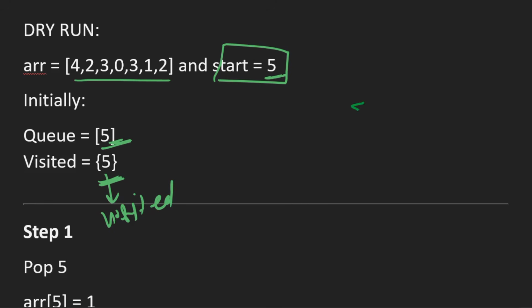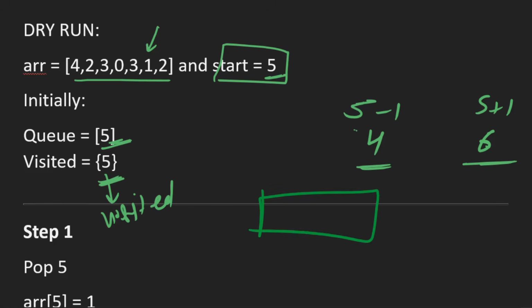Now we pick the element 5 from the queue, and we see at 5 we have 1. So where can we go, either to 5 minus 1 or 5 plus 1, right? 5 minus 1 is 4 and 5 plus 1 is 6. Both 4 and 6 are within the array and are not visited. So now we push 4 and 6 in the queue.